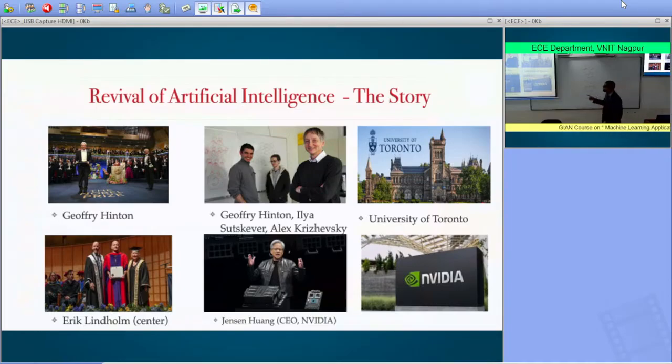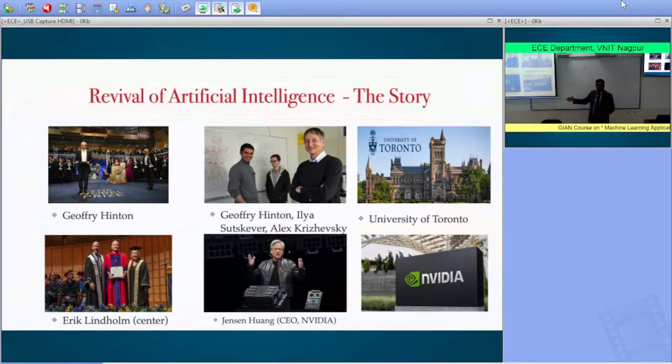His students, Ilya Sutskever and Alex Krizhevsky, figured out that they can use these GPUs to train neural networks, because there are some computations in training neural networks that can be executed in parallel, not necessarily sequentially. So they used CUDA from NVIDIA and their GPUs to train larger neural networks.